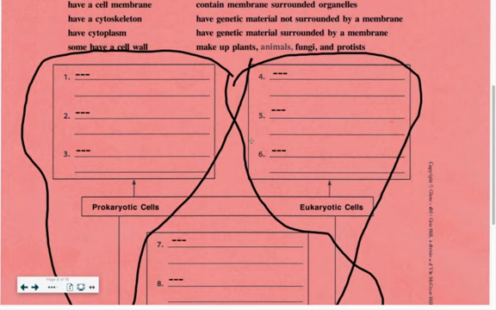Here are the things that the prokaryotic cell has that are unique or specific to them.